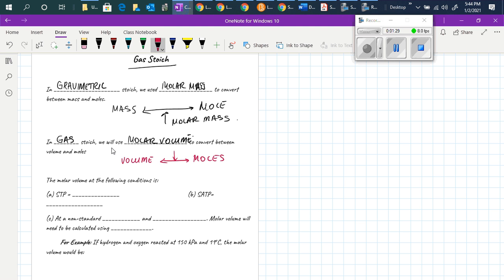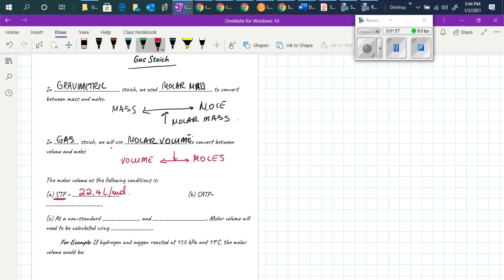When we have the STP conditions, standard temperature and pressure conditions, the molar volume is a fixed number, 22.4 liters per mole, meaning that any gas at STP conditions, 1 mole of that gas, will occupy 22.4 liters.